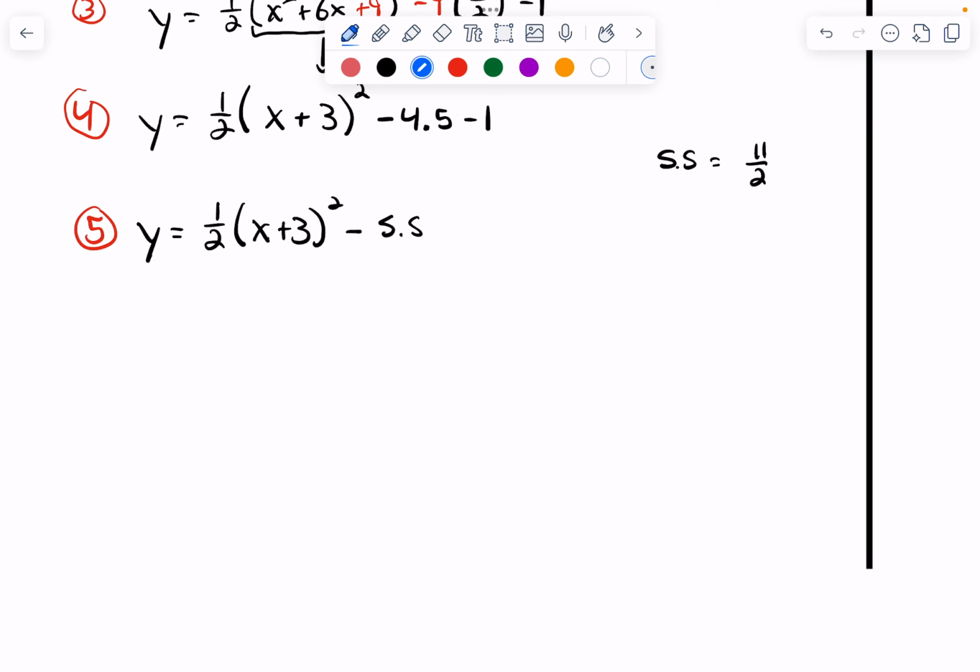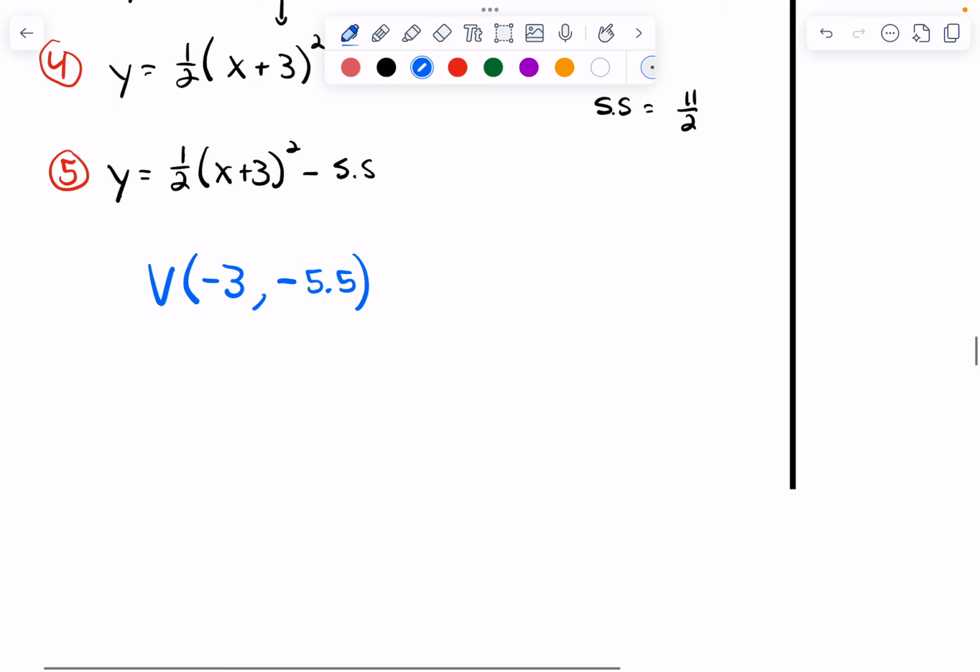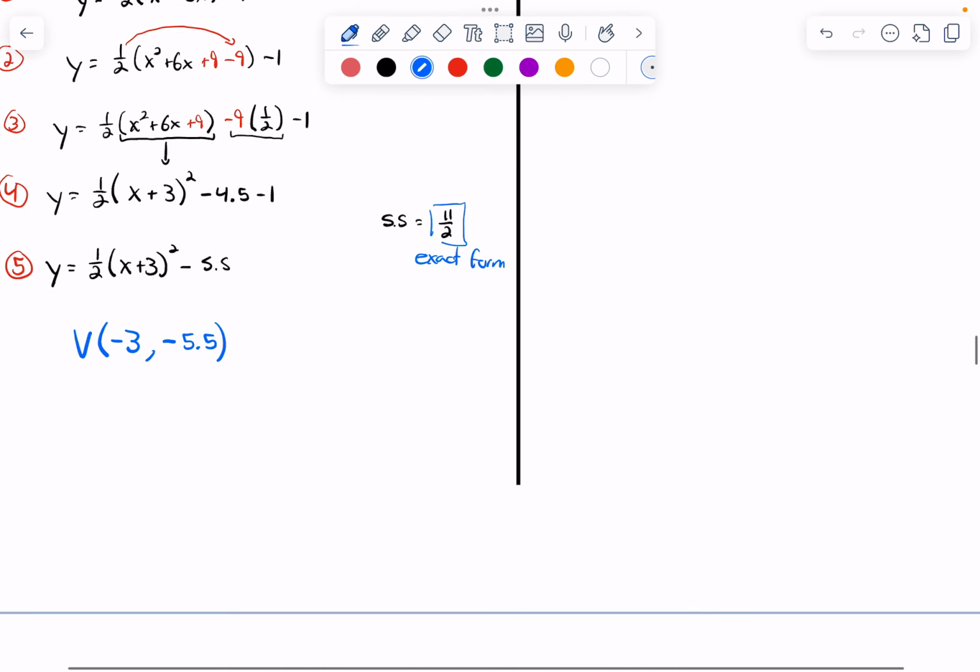State the vertex now. The vertex is at the coordinate minus 3, because it's positive 3 in the brackets, and then minus 5.5. There you go. If the question said, leave your answer in exact form, well, exact form would be this. But if it doesn't, then you can put it in a decimal. That works as well.